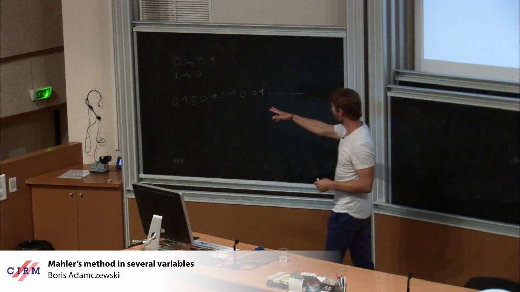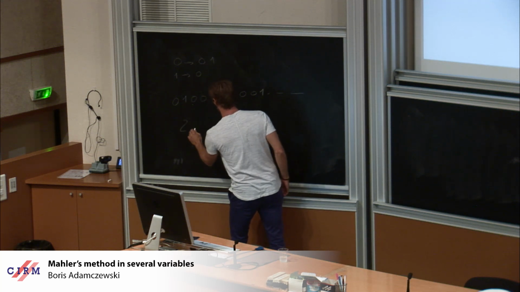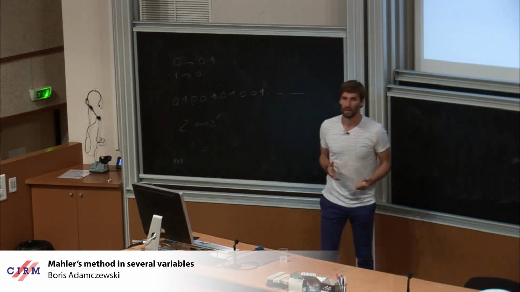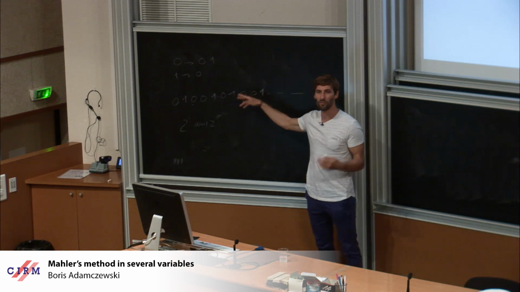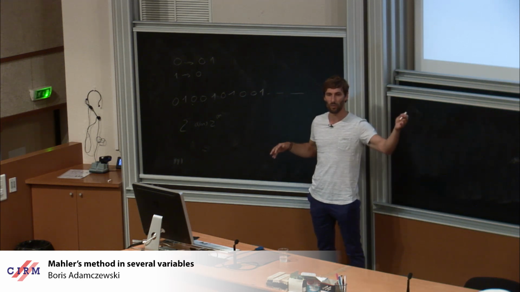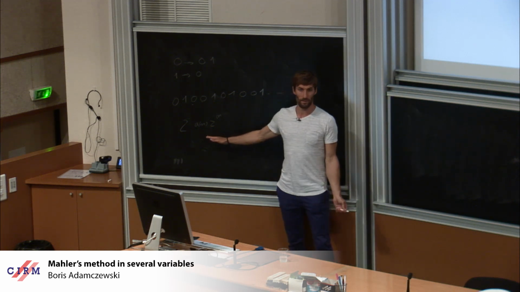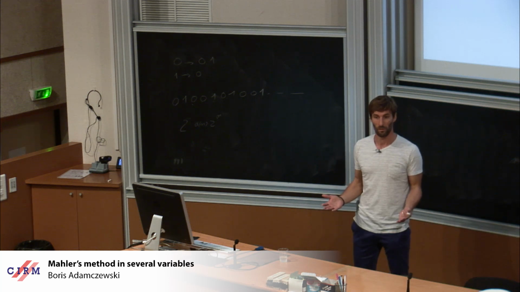So now let us say that the nth term is a_n, and if we consider the sum of a_n z^n, we get an interesting function. For instance, we would like to prove that this number is transcendental or is algebraically independent from other numbers or things like that. But if you consider this generating series, it is not expected to be a Mahler function in one variable.